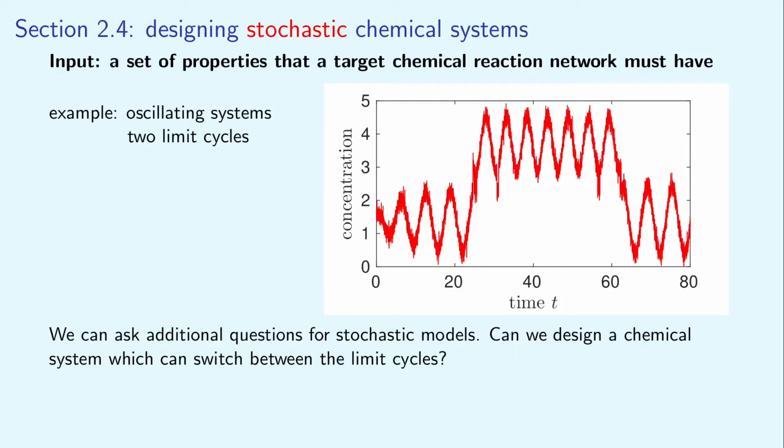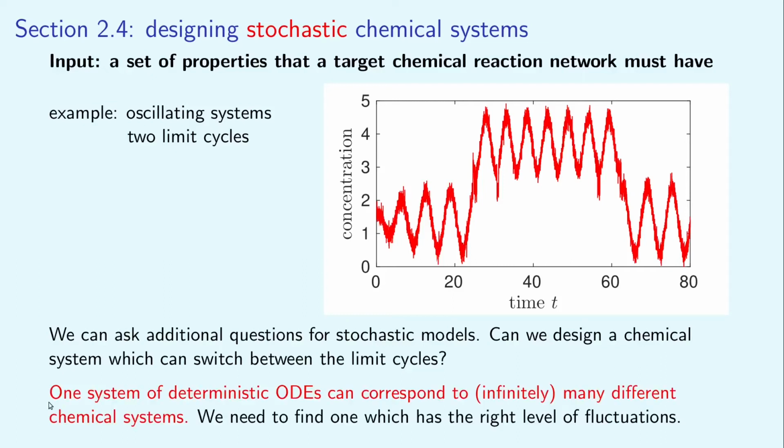Even if the deterministic ODEs have limit cycles of comparable size, then the Gillespie algorithm might not lead to this behavior. If stochastic fluctuations are larger than limit cycles, then we would not see them. And if the stochastic fluctuations are too small, then we would never switch between the two limit cycles.